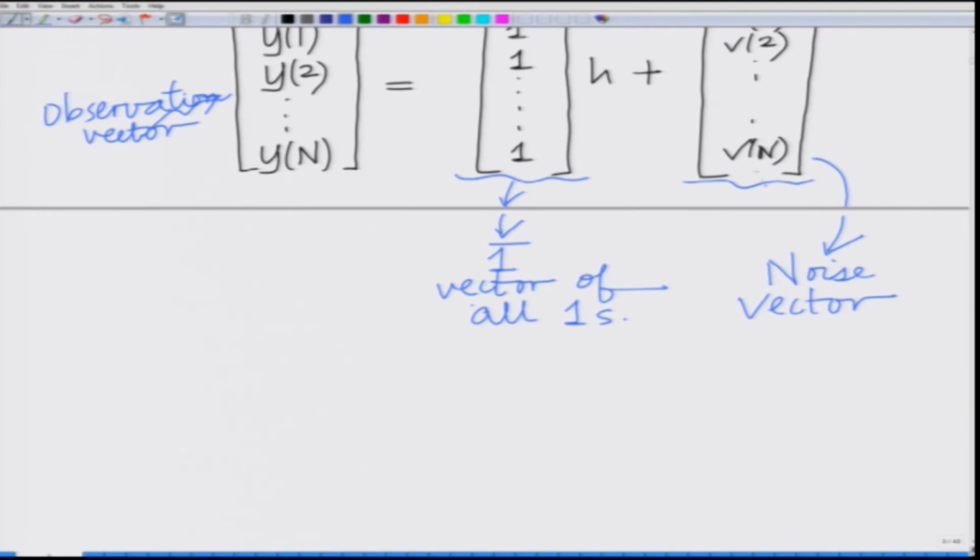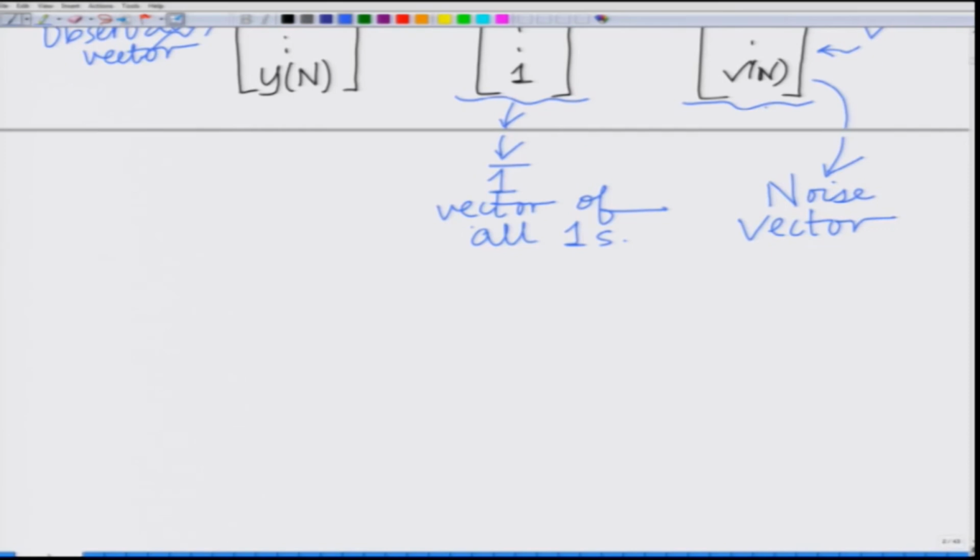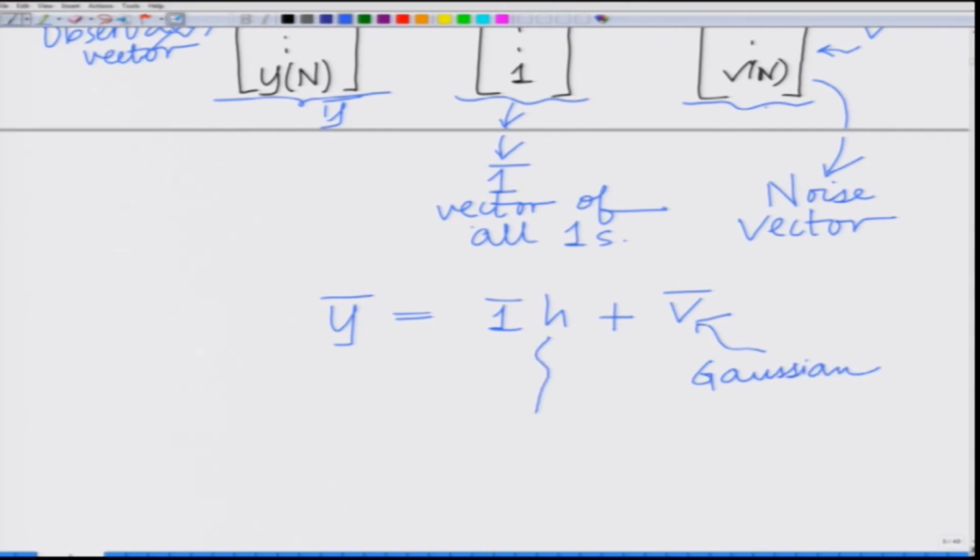Now, V bar is Gaussian because the noise samples are Gaussian. So, we can write this model. Naturally this is your observation vector, that is Y bar. So, I can write Y bar equals 1 bar times H plus V bar. Now, look at this, V bar is a Gaussian vector, and H is a Gaussian parameter, that is what we have assumed.